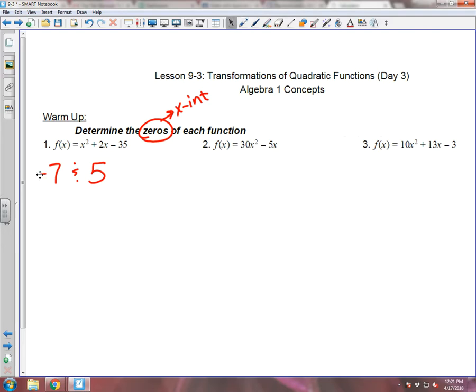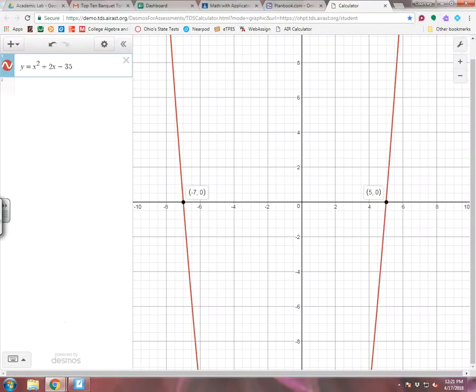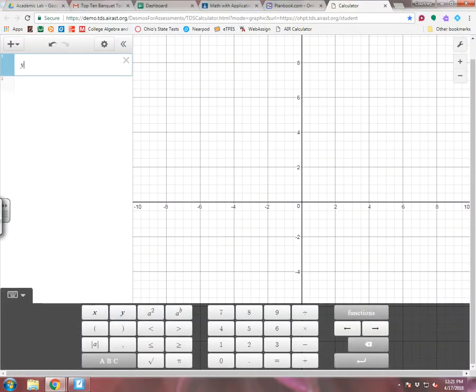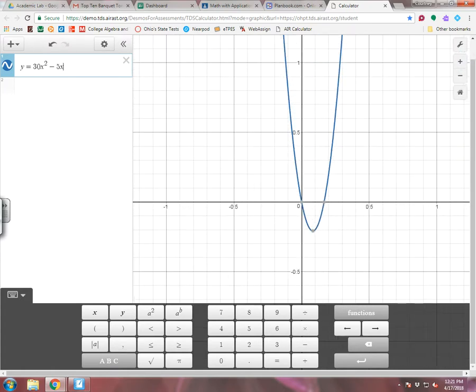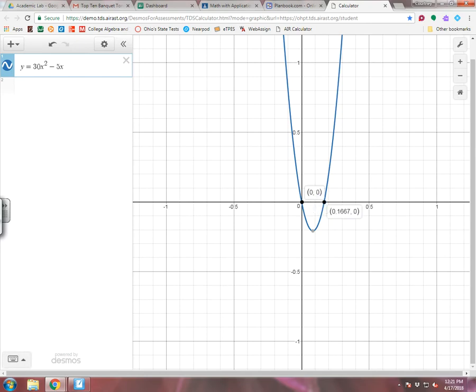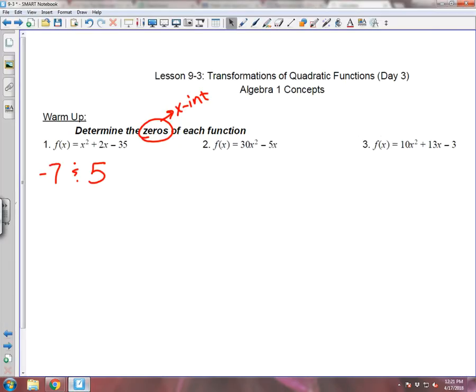Okay, let's go on to the second one. New equation, y equals 30x squared minus 5x. If I look at this parabola, it's rather skinny because of that 30 out front, and you can see my zeros are 0 and 1.6 repeating.